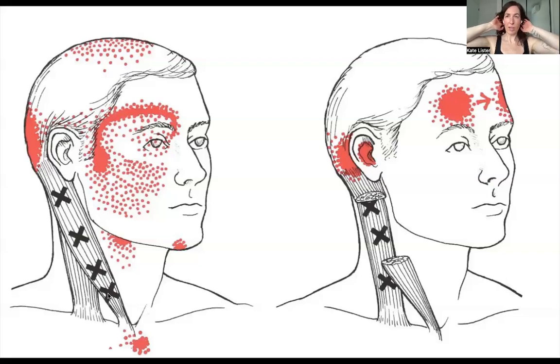And work your way around to the base of the skull, the back of the head. Feels nice. It's like you get a head massage when you go to the hairdresser, but it's so good to have a head massage.